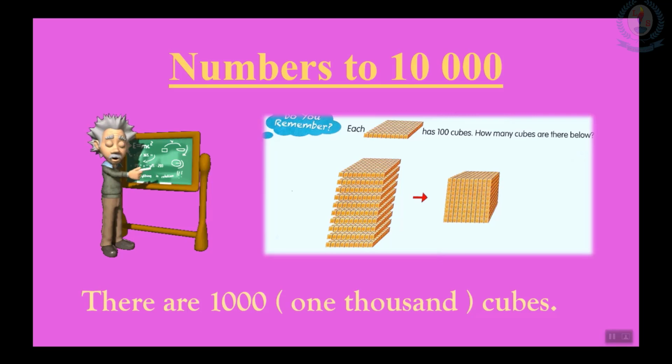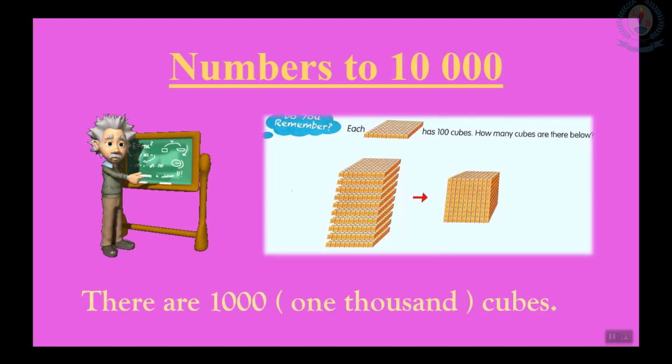1, 2, 3, 4, 5, 6, 7, 8, 9, 10. That means in here there are 10 sets. Each set has 100 cubes.